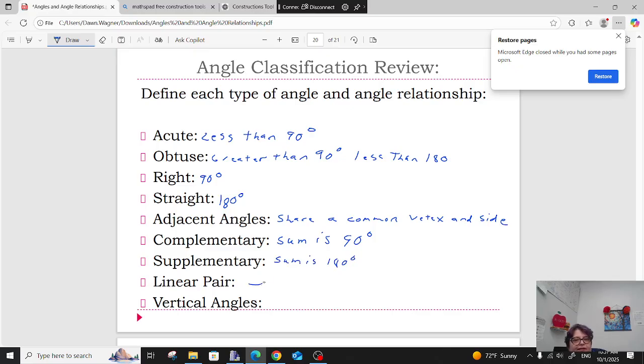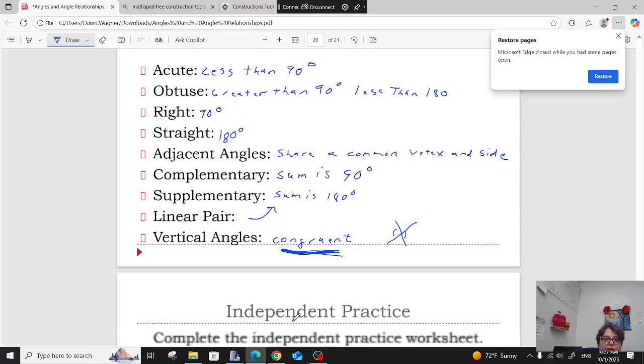Linear pair, same thing, sum is 180. What about vertical angles? They're the same. Vertical angles are congruent and they're opposite. I'll just draw a picture. Pictures say everything. The big thing you have to remember is they are always equal or congruent.